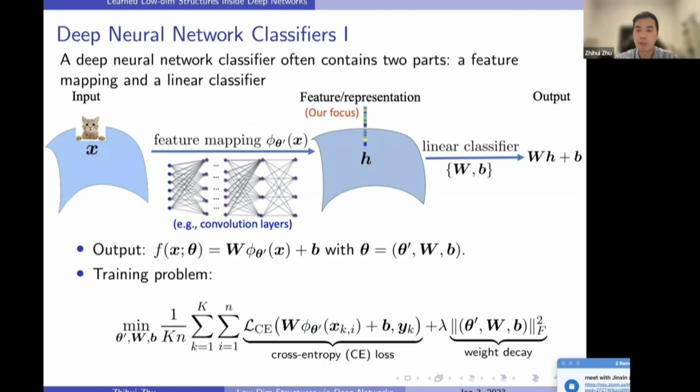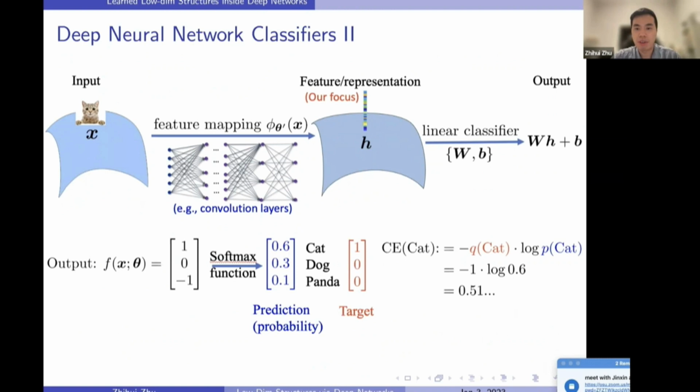A common choice is the so-called cross-entropy loss, which we will talk about in the next slides if you are not familiar with it. And then we usually add a regularizer, for example, weight decay, which is a common choice and is simply the L2 regularizer on the network parameters.